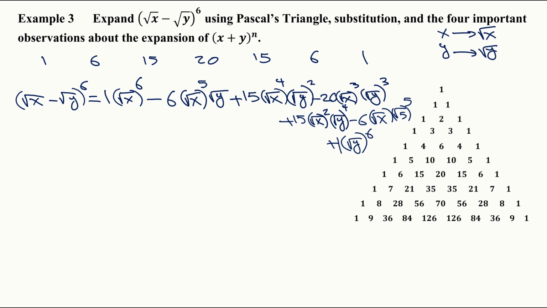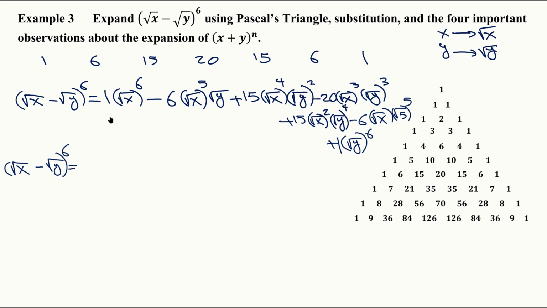And the coefficient is 1, right? And we don't need to write the square root of x to the power of 0 because that's just 1. All right, so now we're just going to simplify. So we get the 6th power of square root of x minus square root of y equals.